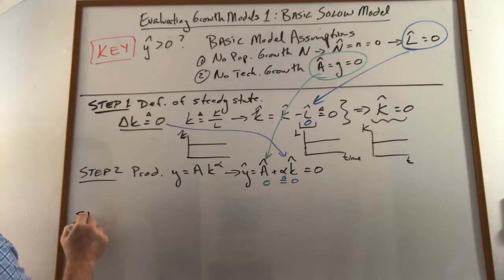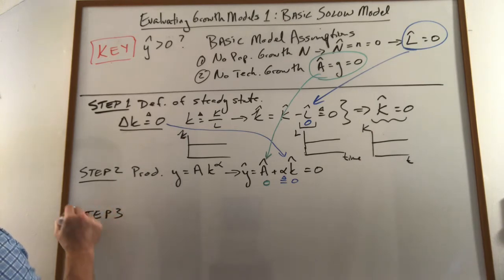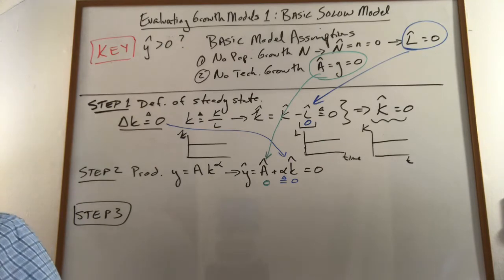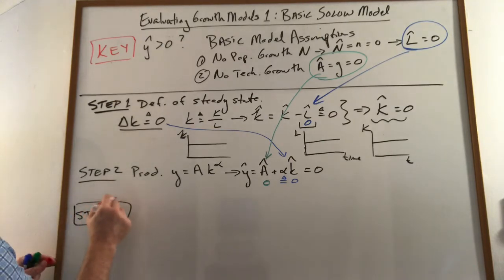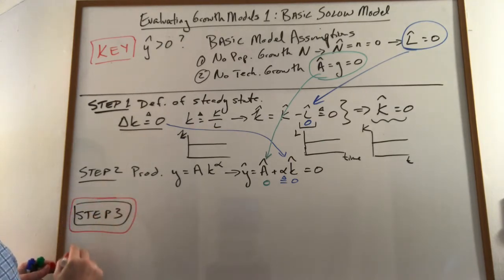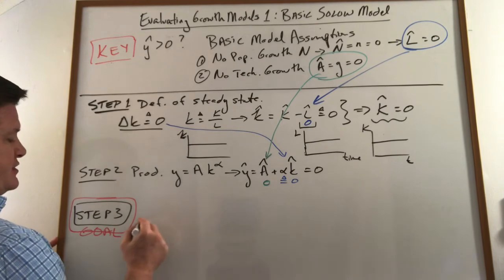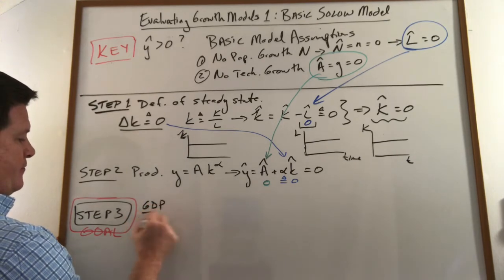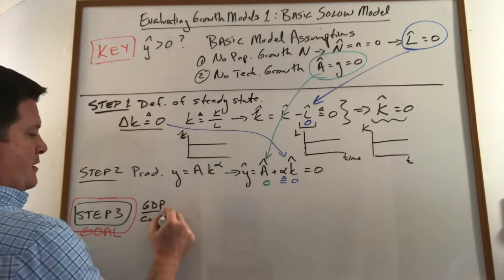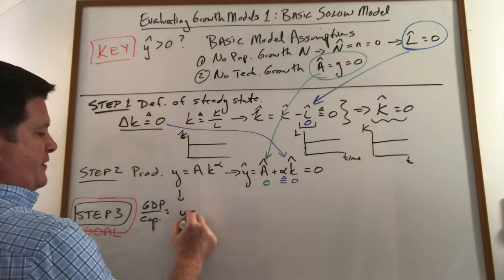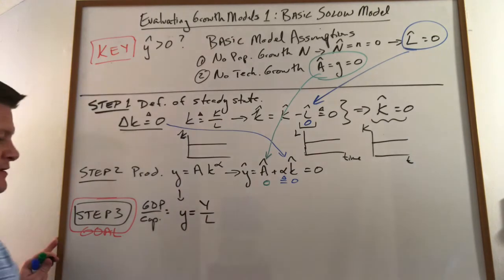Step 3 is our goal. And I should really circle that in red. This is our goal. What's happening to GDP per capita? We can get that from here. The definition of that is this.